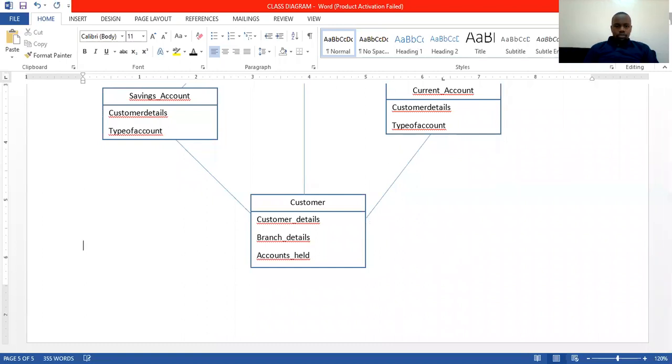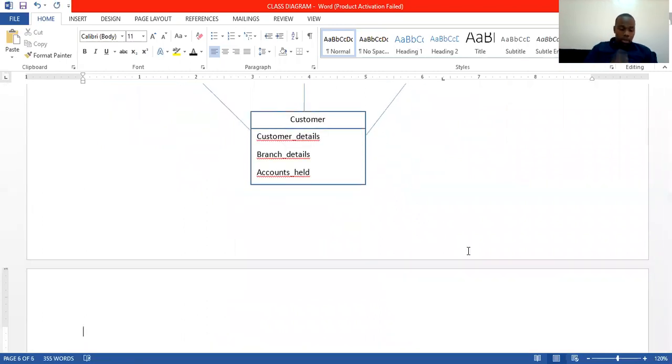I want us now to look at use case diagrams. All right. Use case diagrams.